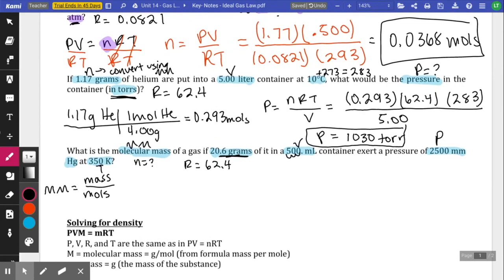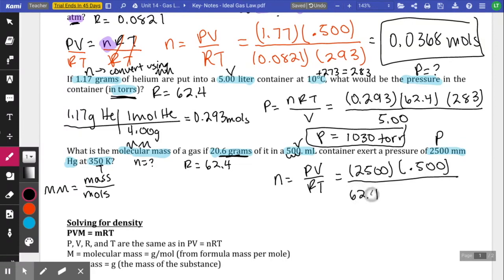All right, so then once again, for space, I'm just going to manipulate my equation. So n is equal to PV divided by RT. And then we're going to plug everything in. So 2,500 times 0.500 divided by my R value, 62.4, times my temperature, which is 350.